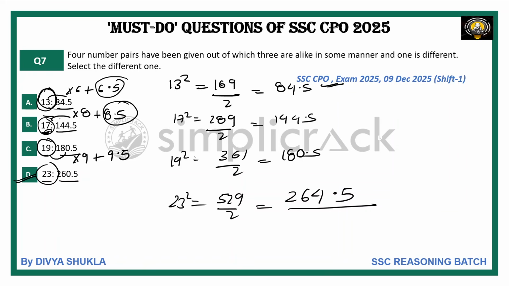So you can see 13 is being multiplied by 6, 17 is being multiplied by 8, and you are adding half of that number. So you can take this logic also. What else can we think of here? I think that's the only logic. So I hope this question is clear to all of you. Let's move to the next question now.